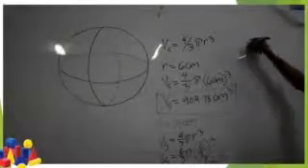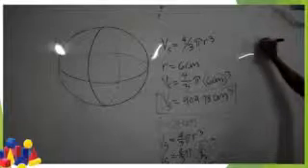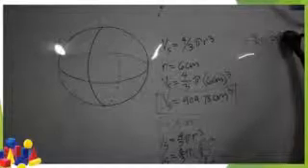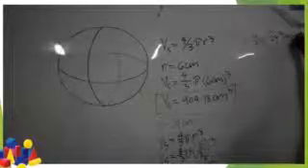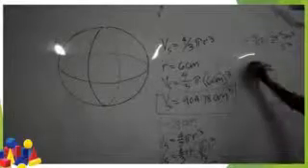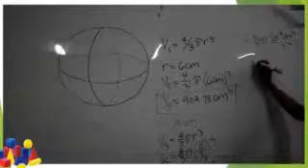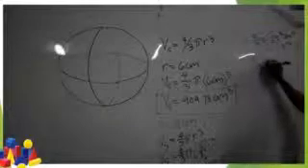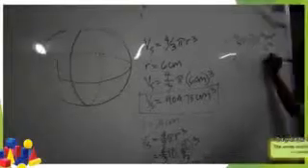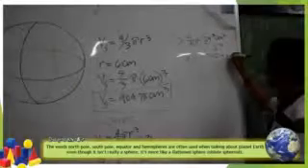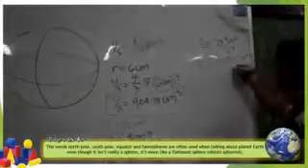It will result to 4 over 3 pi times 24 raised to 3 centimeter raised to 3 over 2 raised to 3. We have 4 thirds pi times 13,824 centimeter raised to 3 over 8.